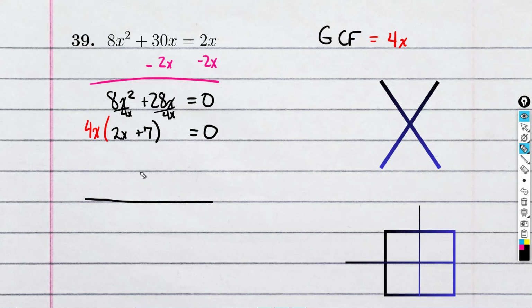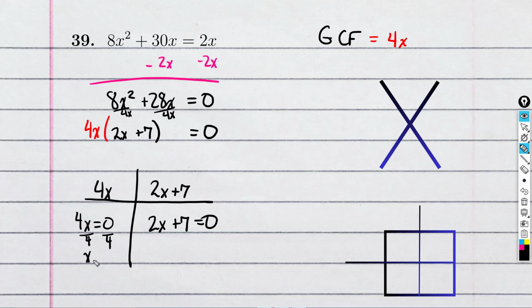Make my chart. 4x and 2x plus 7 are my two factors. Set them equal to 0. So I divide both sides by 4. Well, anything times 0 divided by anything is 0.